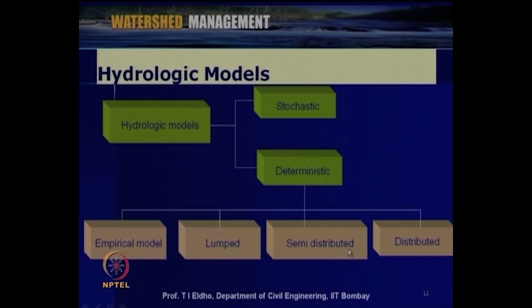Then semi-distributed models. Semi-distributed means all the variations are not considered, so it is not a fully distributed model. Some aspects we lump with respect to various parameters, but some aspects we consider as distributed. Then we call it a semi-distributed model. The last type is the so-called distributed model. Various parameter distributions are considered, and we consider the real physics of the problem.